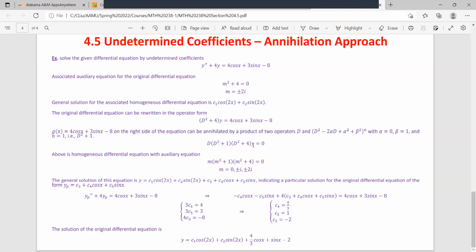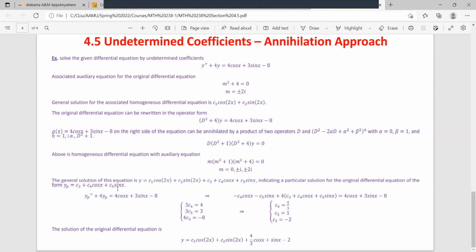In other words, this solution in here includes both the solution of the homogeneous differential equation and the particular solution of the original non-homogeneous differential equation. So that means yp equals C3 plus C4 cosine x plus C5 sine x, as I just said.